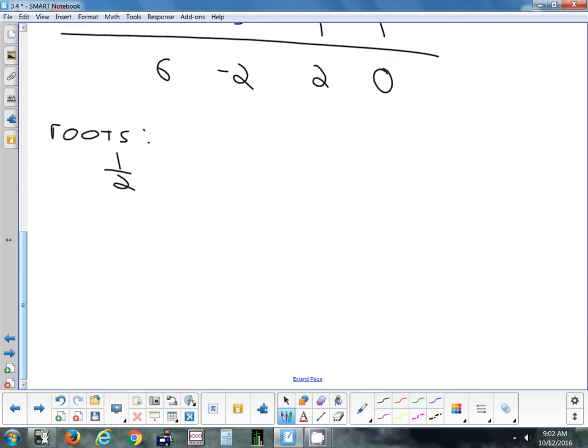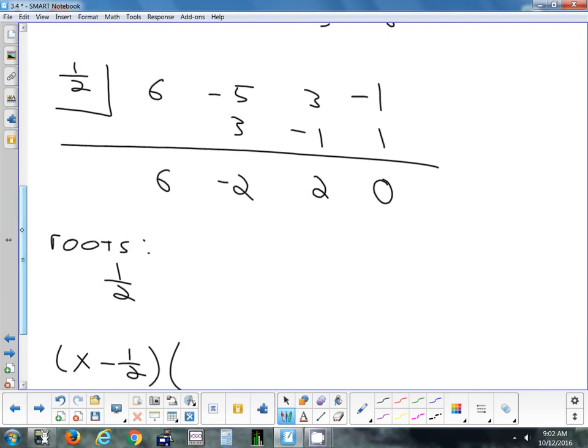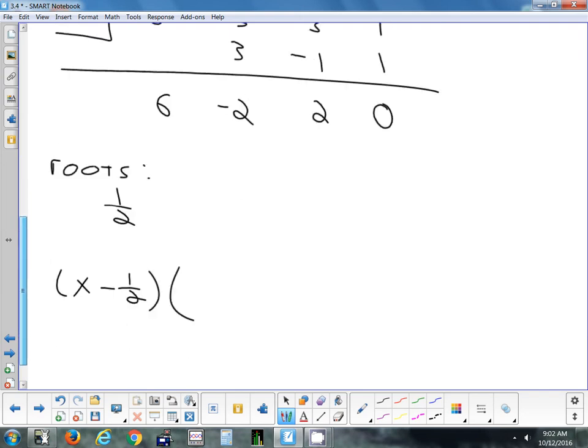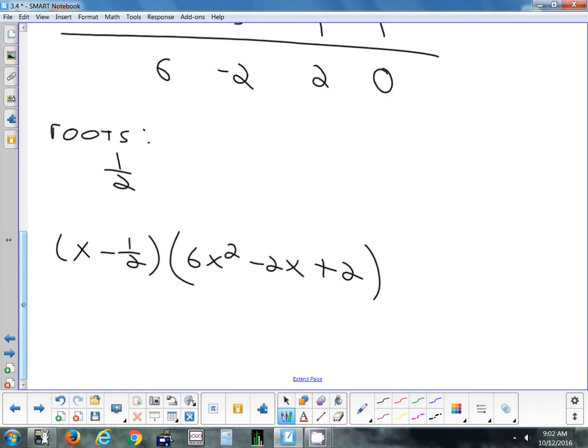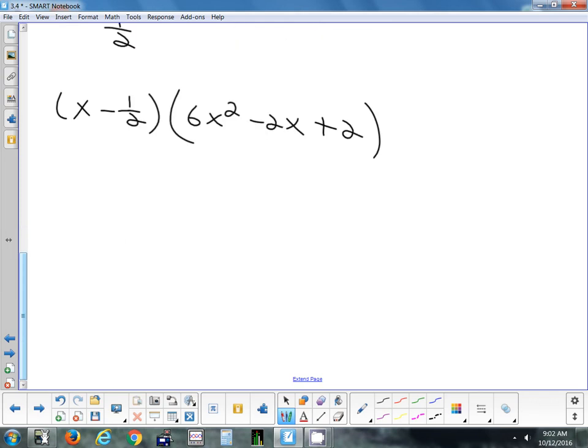All right, so I know x minus a half is a factor, and the other factor is 6x squared minus 2x plus 2. Now, you could try to solve this using the quadratic formula, but watch what happens. All I'm going to look at is one part of the quadratic formula. What's b squared? 4 minus 4 times what's a? 6.